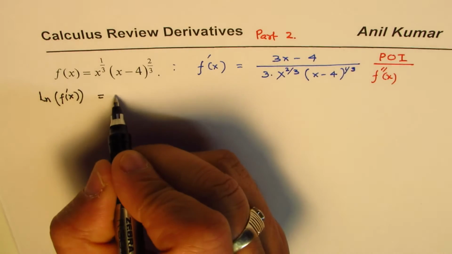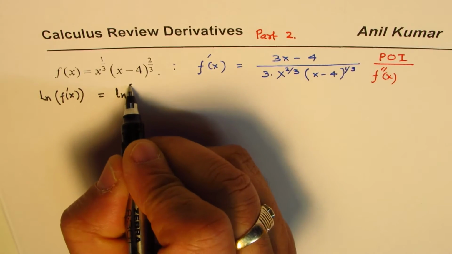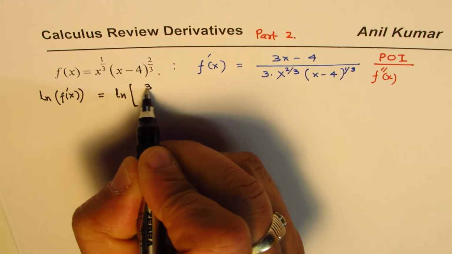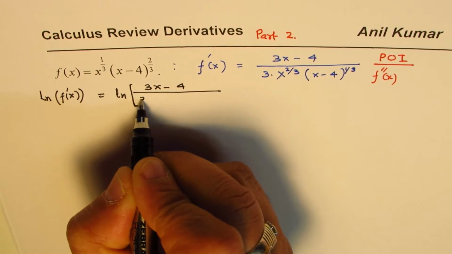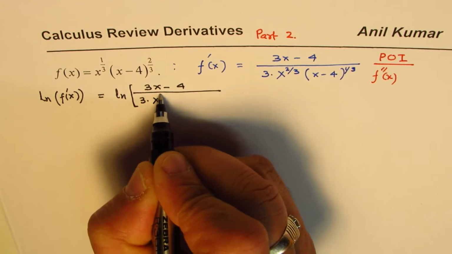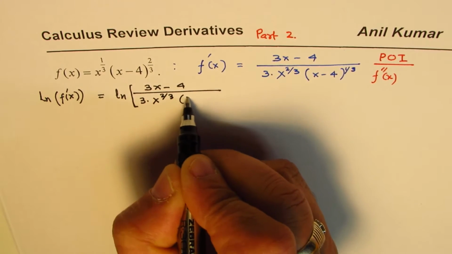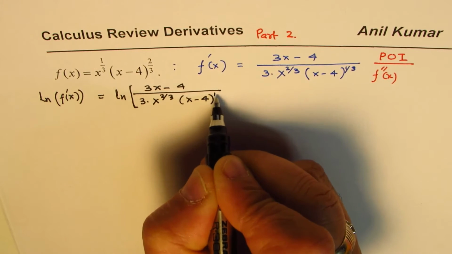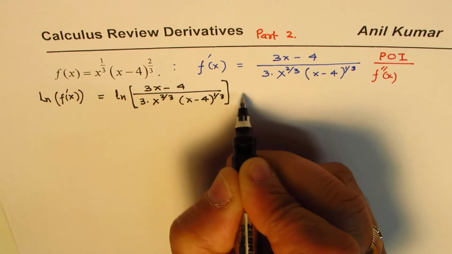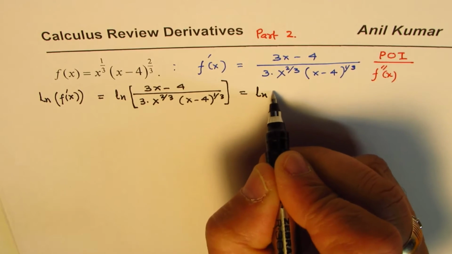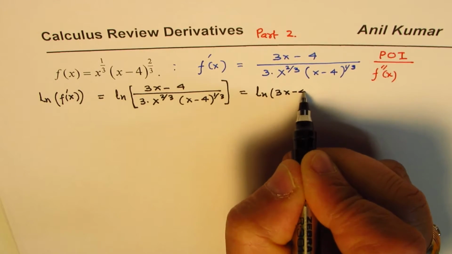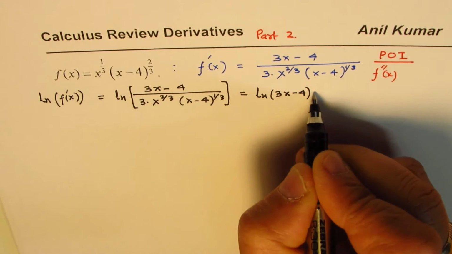So when you take ln of the whole expression, which is in this case (3x minus 4) over 3 times x to the power of 2 over 3 times (x minus 4) to the power of 1 over 3, what do you get? You get ln(3x minus 4), and these parts are negative, right?